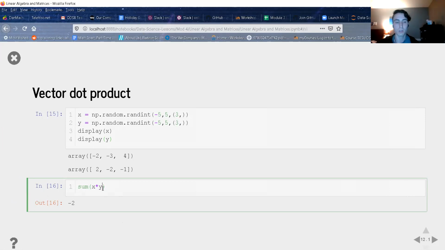The math is a little bit different, which I'm probably not going to show. But to do it in Python, you basically multiply the two vectors, and then you sum those multiplications together. So for example, if we multiply them, we get this, and to get the final dot product, you just sum all of those.